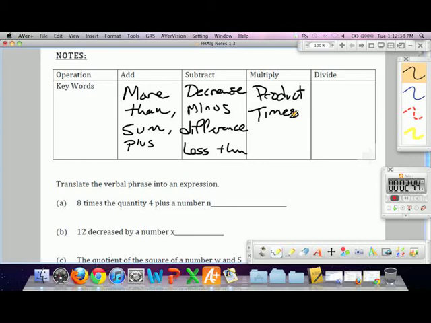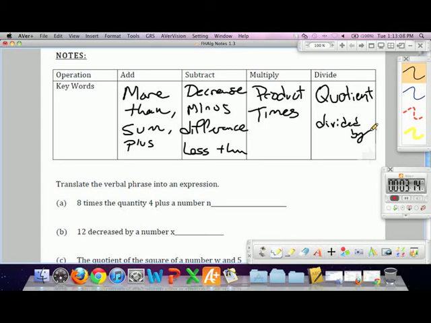I mean, there are some more, but those are the two most common. Divide. What's the division word? Quotient. Quotient is probably the most popular. It's either quotient or divided by, which hopefully you can figure out is division if we use the word divided.